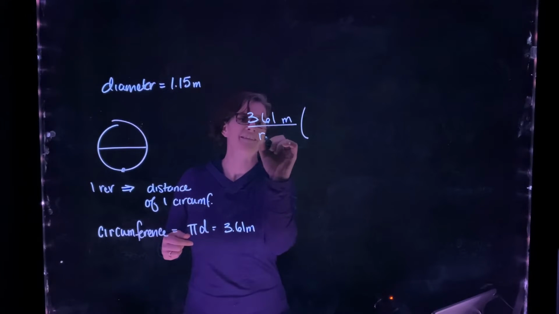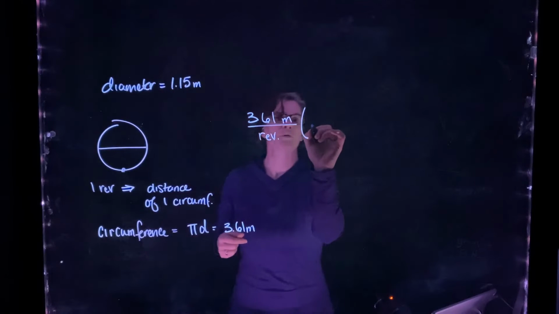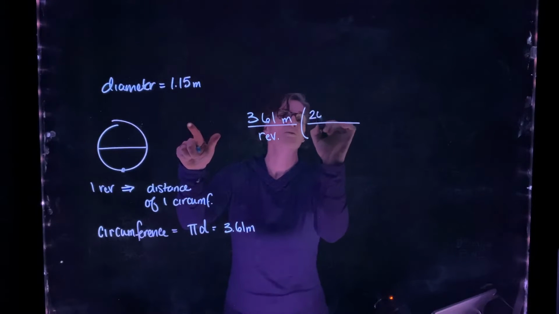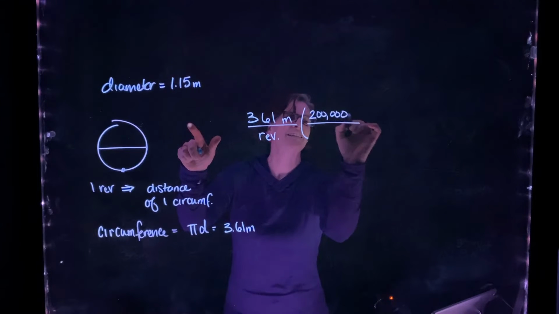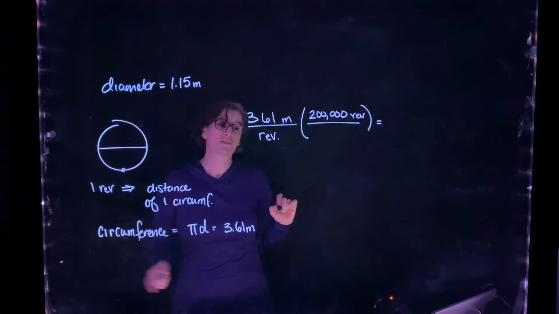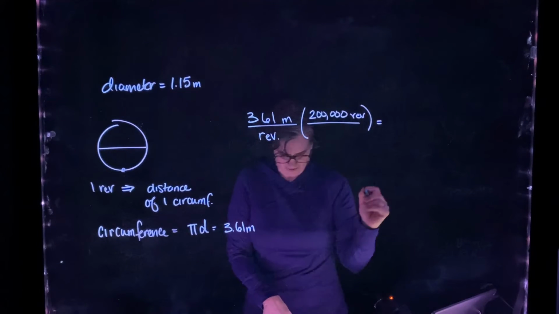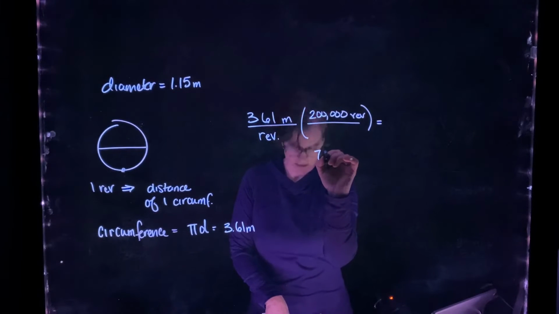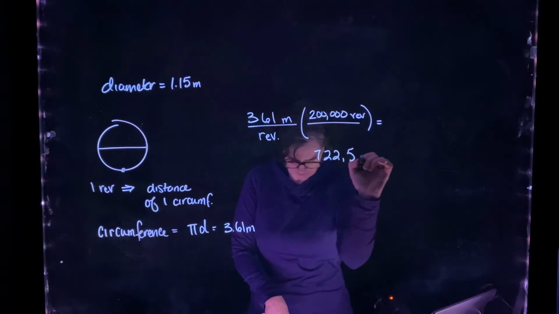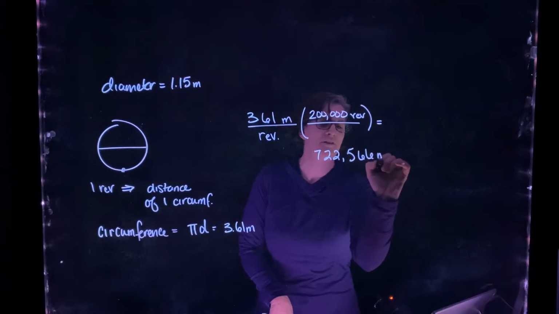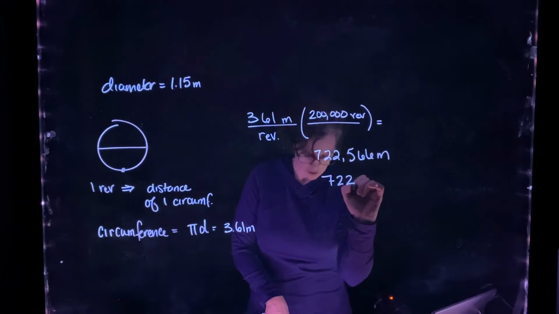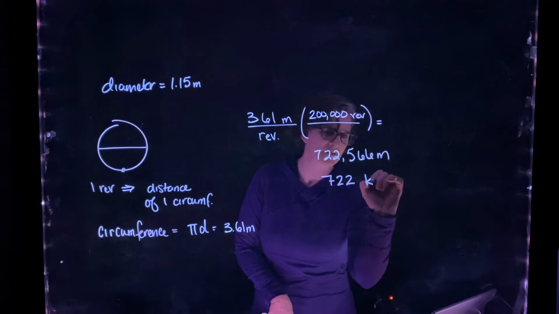per revolution, and we are told the truck makes 200,000 revolutions. So if it makes 200,000 revolutions, it goes 722,566 meters, which is 722 kilometers.